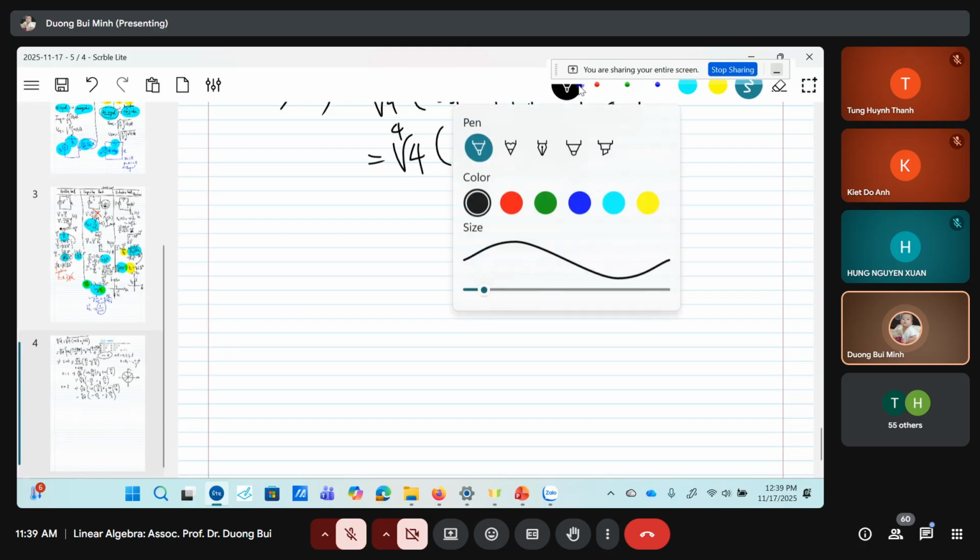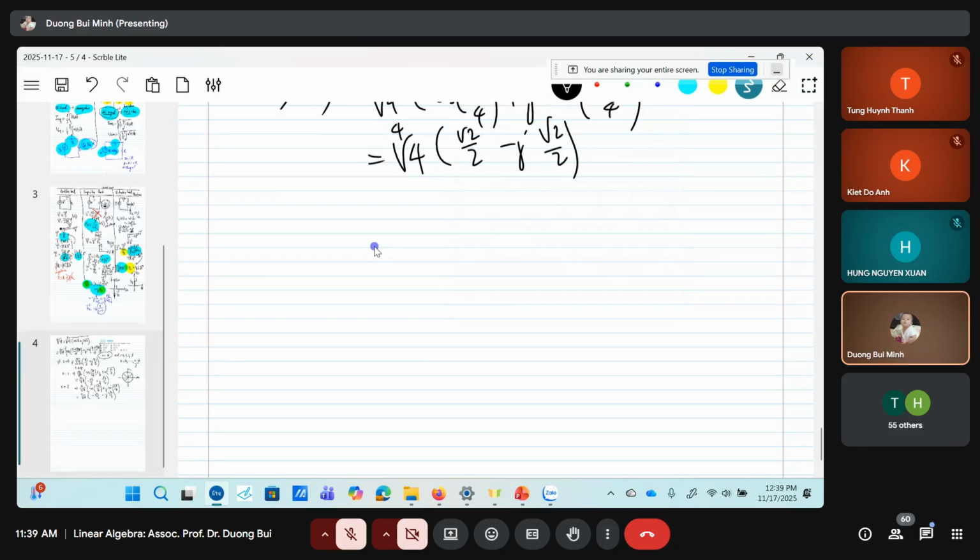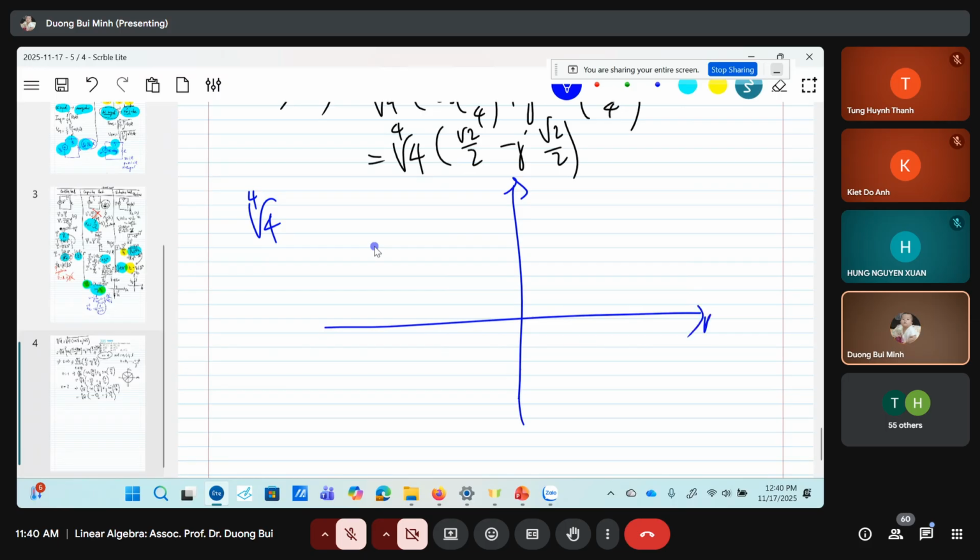So I try again. We have the polar form of the fourth root of 4. This is the real axis. This is the imaginary axis. Z is here. Z is the fourth root of minus 4, right?